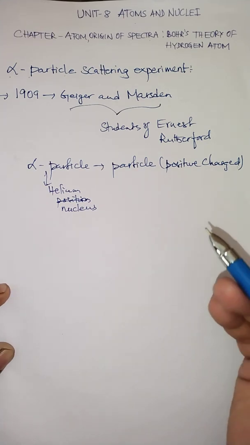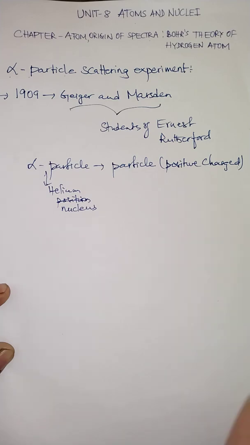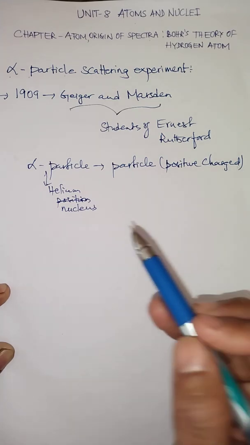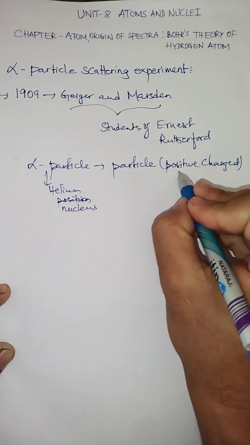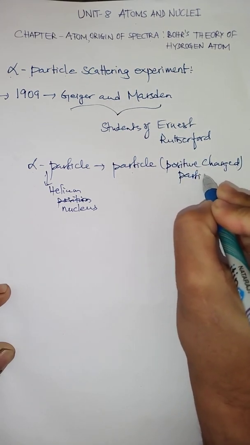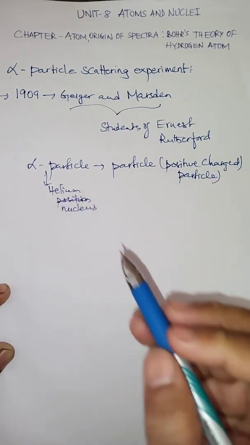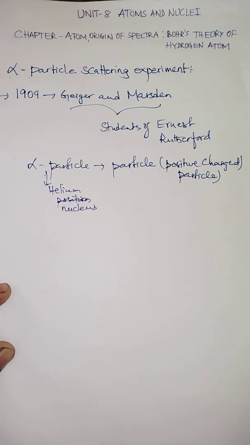Radioactive elements emit particles called alpha particles, which are always positively charged. This is basically a helium nucleus.